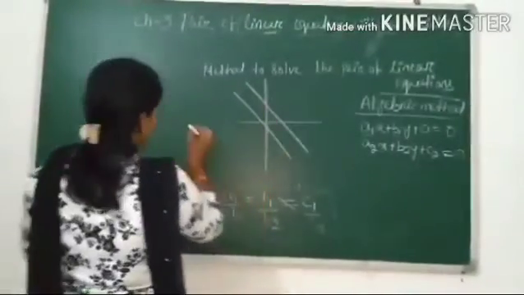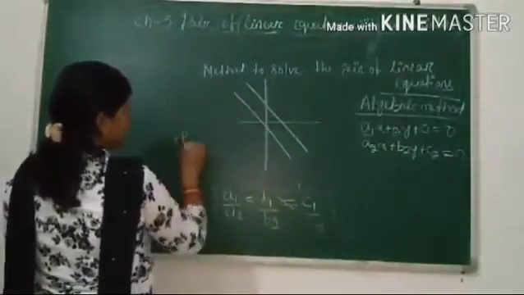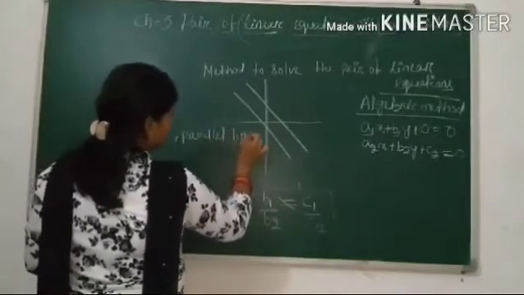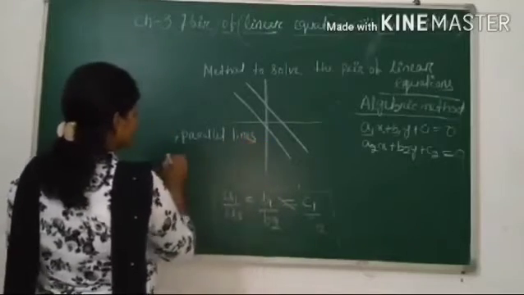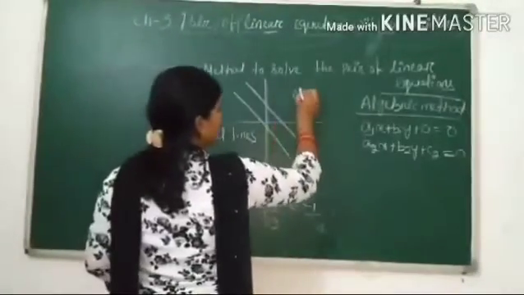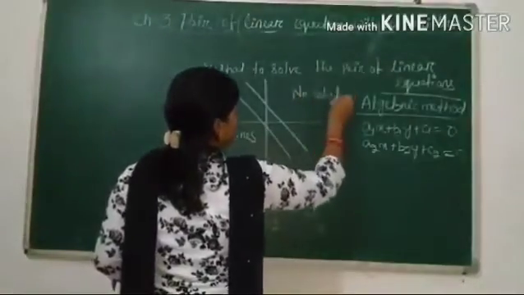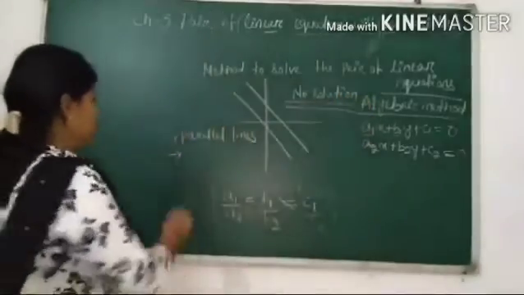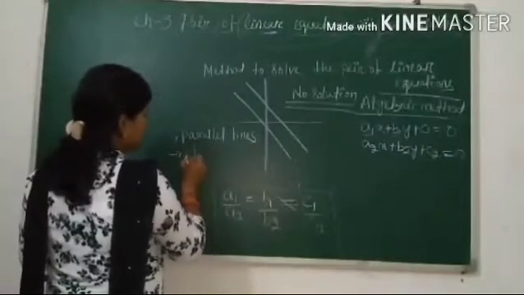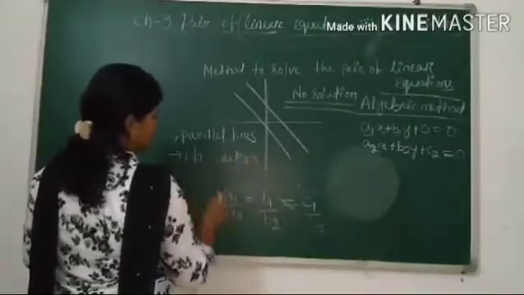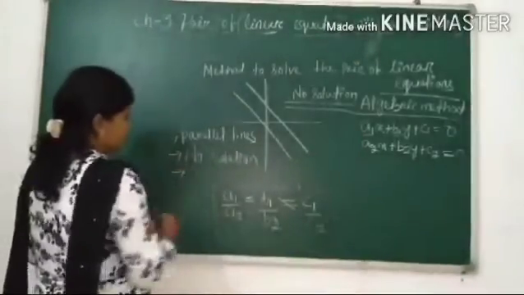Okay, so I can write here this line represents parallel lines, and these are the conditions of parallel lines. And parallel line means what? No solution is possible. So here I can write no solution. No solution means this is an inconsistent equation.